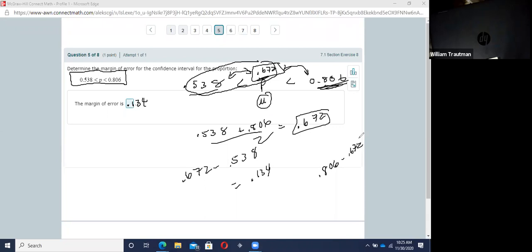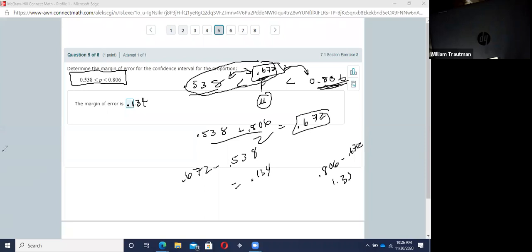And you get, well, I get 1.33. So I must have typed something in wrong. Oh, yes, I did. It should be a 4. I typed in the number wrong. So that should be 0.134.